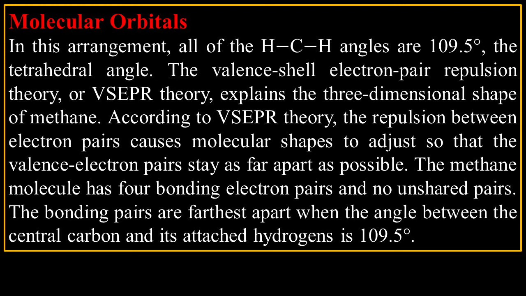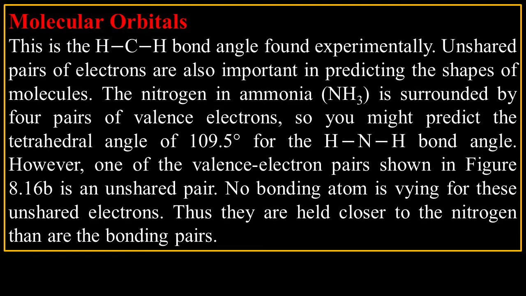The methane molecule has 4 bonding electron pairs and no unshared pairs. The bonding pairs are farthest apart when the angle between the central carbon and its attached hydrogens is 109.5. This is the H-C-H bond angle found experimentally.